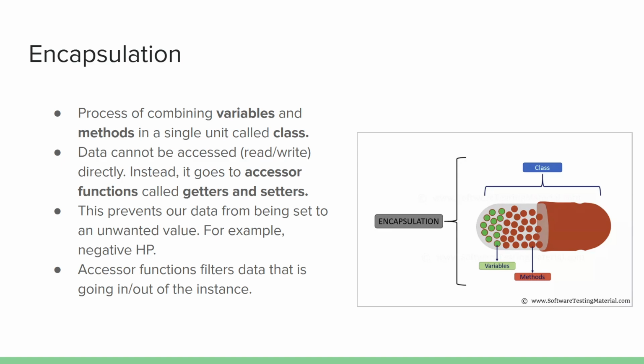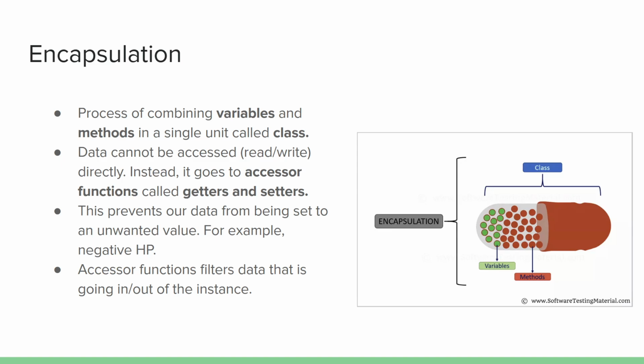You will have to use accessor functions such as getters and setters. This way you have full control of the properties or variables or even functions. This prevents our data from being set to an unwanted value, such as negative HP or beyond the maximum HP.